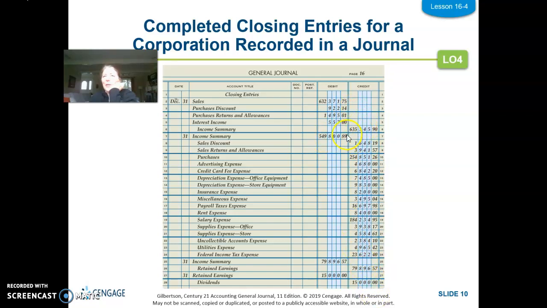Then the difference between what was already in income summary and these 2 postings is my net income or loss. Since I had net income, I'm crediting retained earnings and closing all my income, revenue, expenses into retained earnings in this 3rd entry. And then finally, I close my dividends straight into retained earnings.